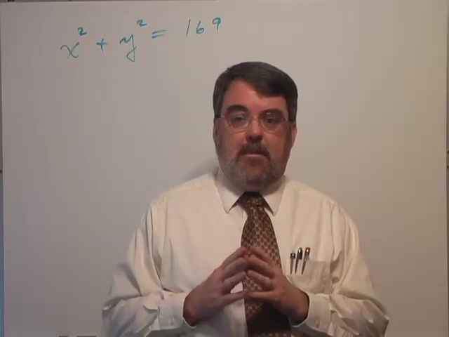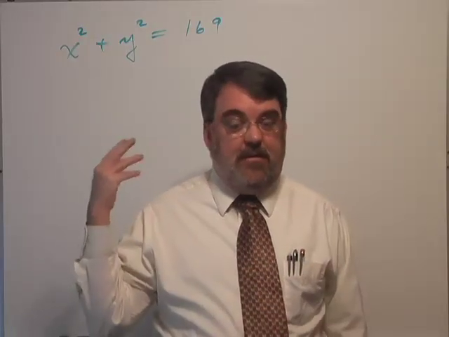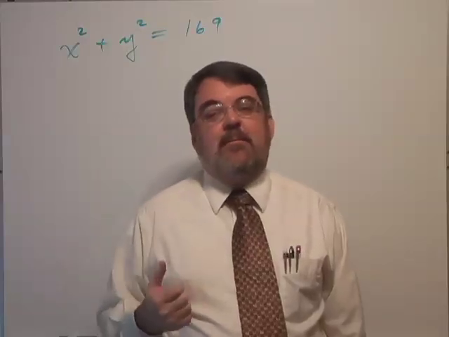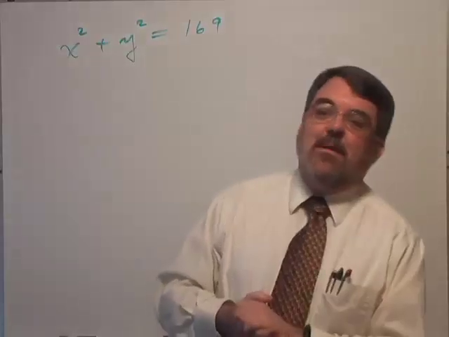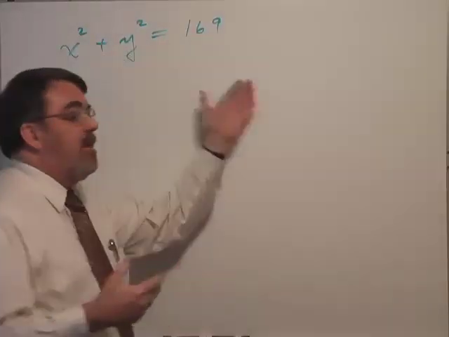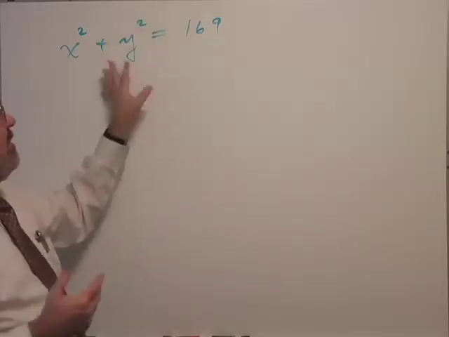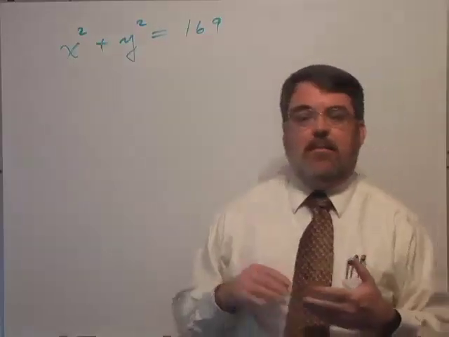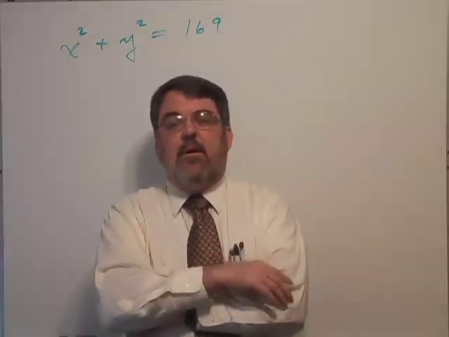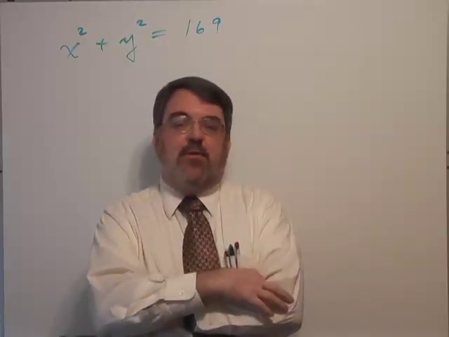Now, if you were to represent all the pairs of numbers that fit into this relationship and plot those on a graph, that's how we get this circle. And so the circle represents the total collection of all the relationships between x and y in this equation. Well, in this chapter, we're interested in studying mathematical functions, and functions are a special form of mathematical relationship.